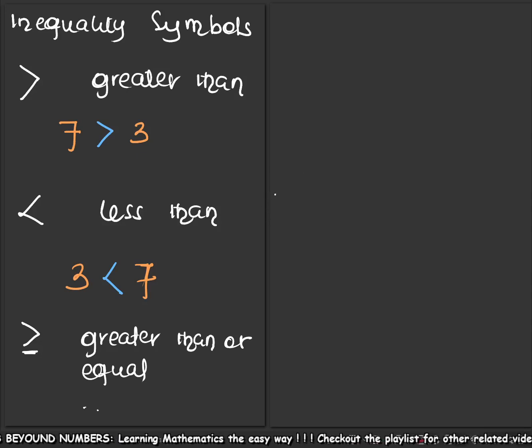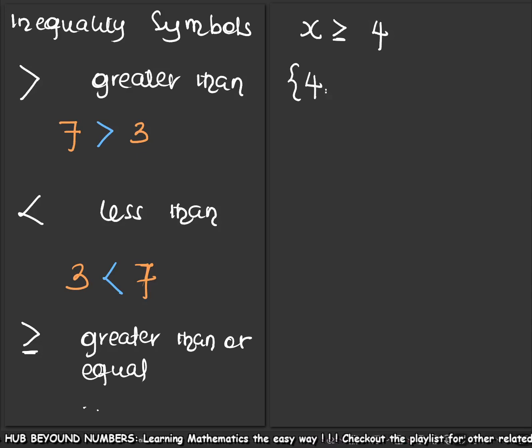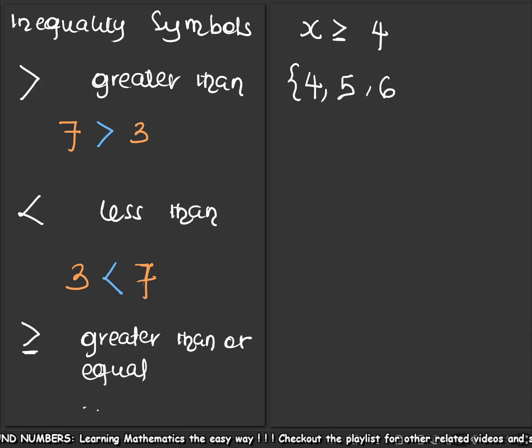If I pick x and say x is greater than or equal to 4, you have to list out the elements that satisfy this. You would have to start from 4, because the numbers can be greater than but can also be equal to. Whenever you see the equal to, you are compelled to add the number to your list. So it starts from 4, 5, 6, and it goes on and on.